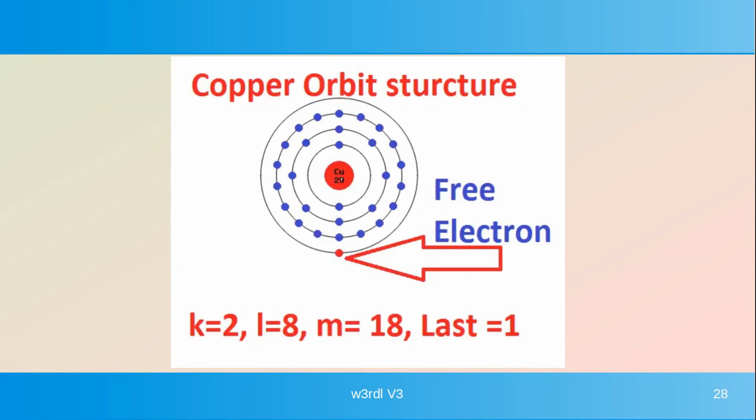Copper only has 1, so it's very easy to free that 1 electron. And we call that outer shell, regardless of which layer it is, the valence layer. And that's where it can combine with other atoms to make crystal structures and things like that.